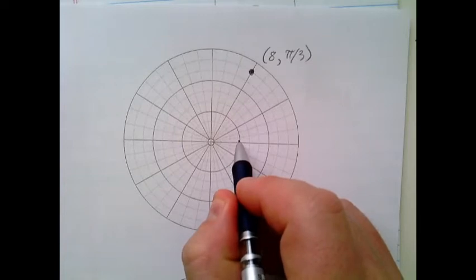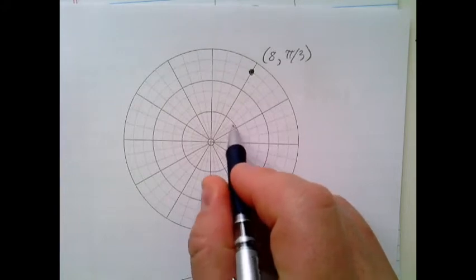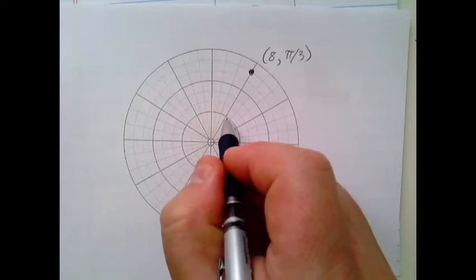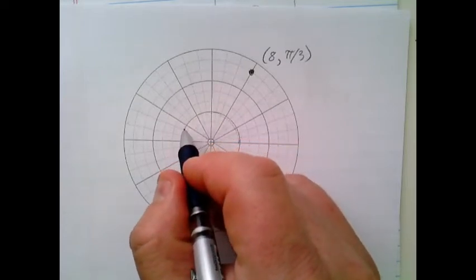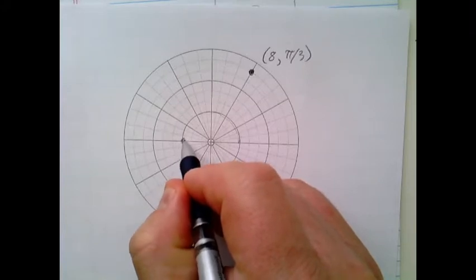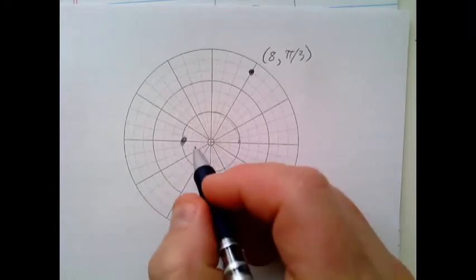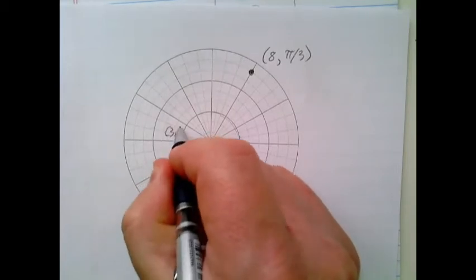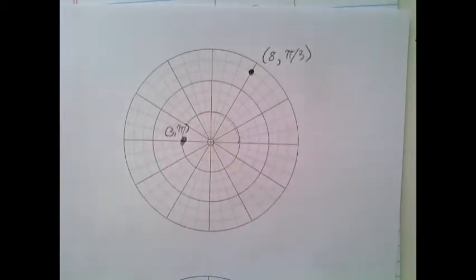Now I'm a distance of 3 away from the origin, and I've got to go through an angle of pi radians, which of course is 180 degrees. I'm going to trace my circle that has a radius of 3, just to keep my position, until I've gone pi radians, and there's my point. We'll call that point 3 comma pi.